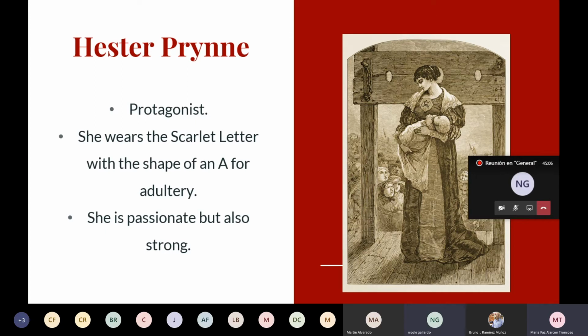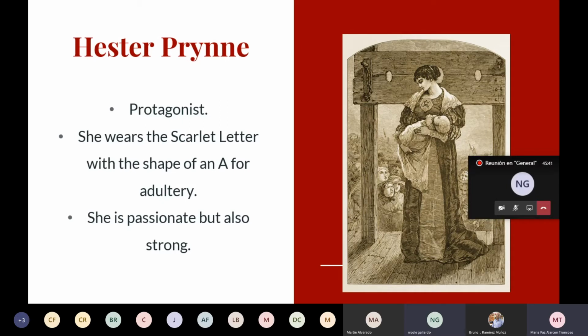She is a young woman, and when she was younger, she married an elderly scholar, Chillingworth. This man sent her ahead to America, supposedly to follow her later. While she was waiting for him, she had an affair with Dimmesdale, and then she gave birth to Pearl, her daughter.